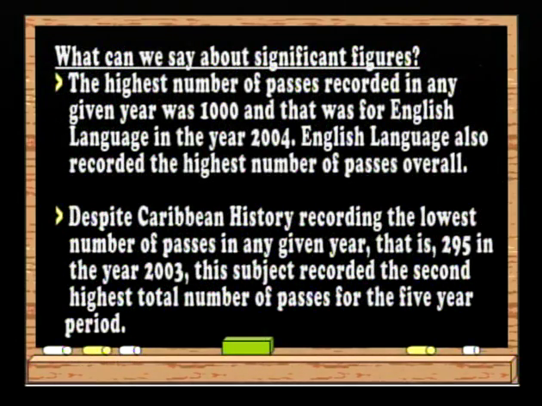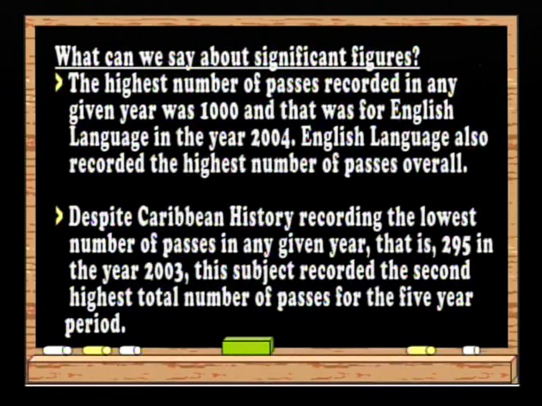What can we say about significant figures? The highest number of passes recorded in any given year was 1,000, and that was for English language in the year 2004. English language also recorded the highest number of passes overall.